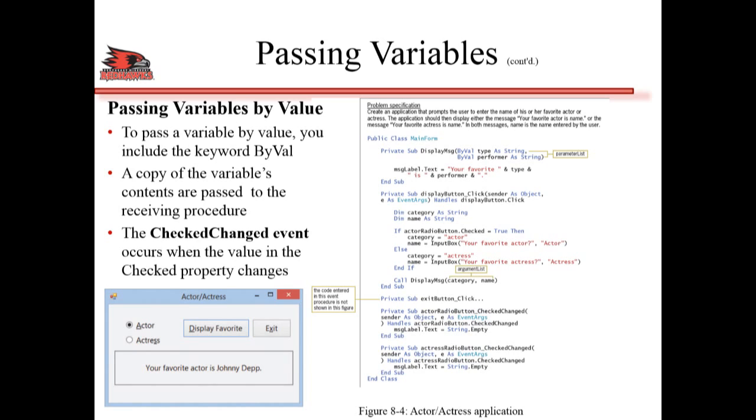They will receive values from the call statement arguments, and these values will be used in the procedure. So once it gets the type and the performer, it just displays the message in the label. In the message label, your favorite, whatever's in type, is whatever's in performer. So it will get the data from the call statement.